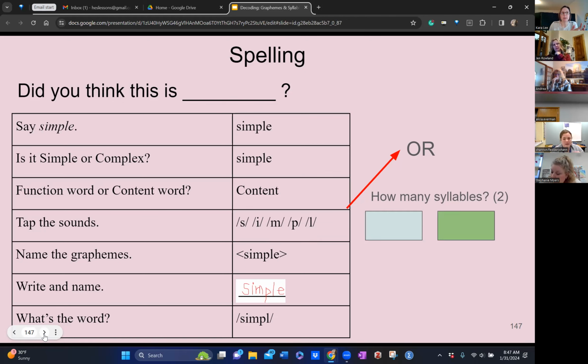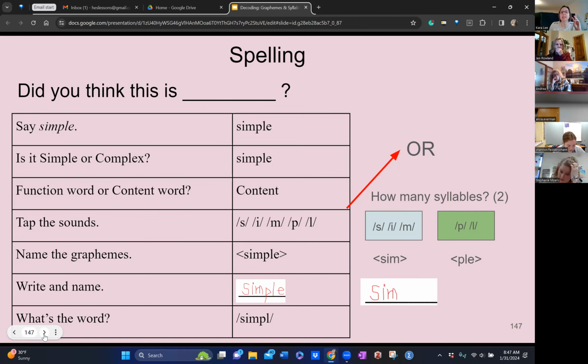Right? Simple. Now I'm going to tap the sounds just in the first syllable. Name the graphemes, S-I-M. Write and name, S-I-M. Second syllable, pull. Tap the sounds, P-ul. Name the graphemes, P-L-E. Again, this is not new.